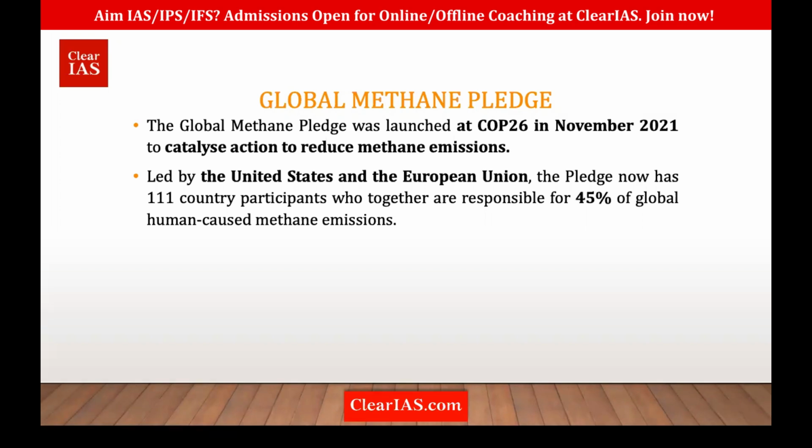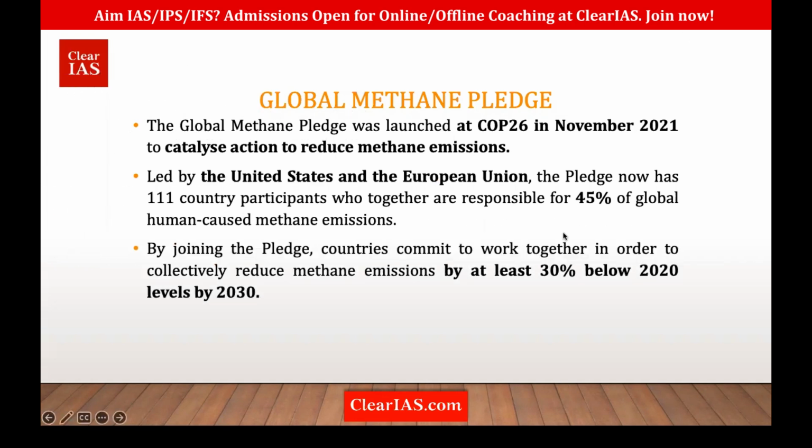There are other countries also, almost 101 countries, who are responsible for at least 45% of methane emission. So they agreed that they would cut it down. How much? By at least 30% below 2020 levels by 2030. That is, by the year 2030, they have committed to reduce at least 30% of the recorded 2020 level. Okay, so that is the aim.